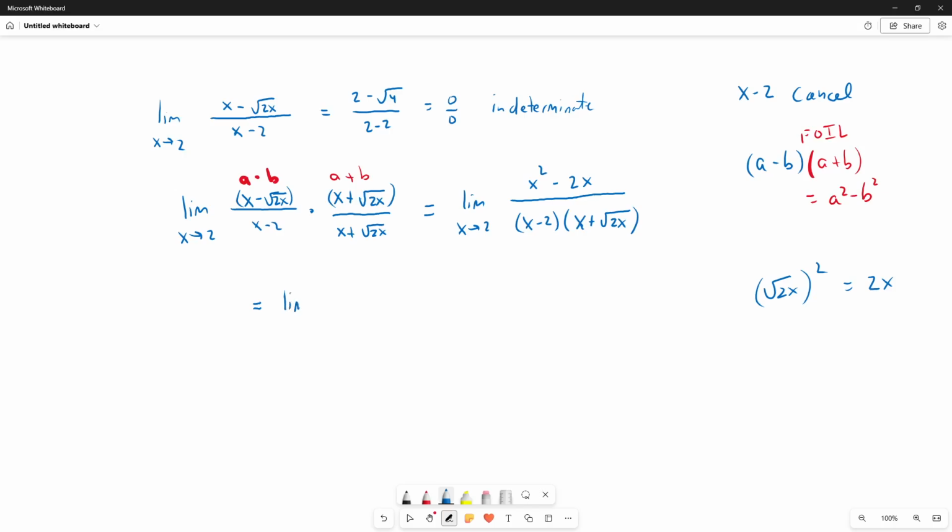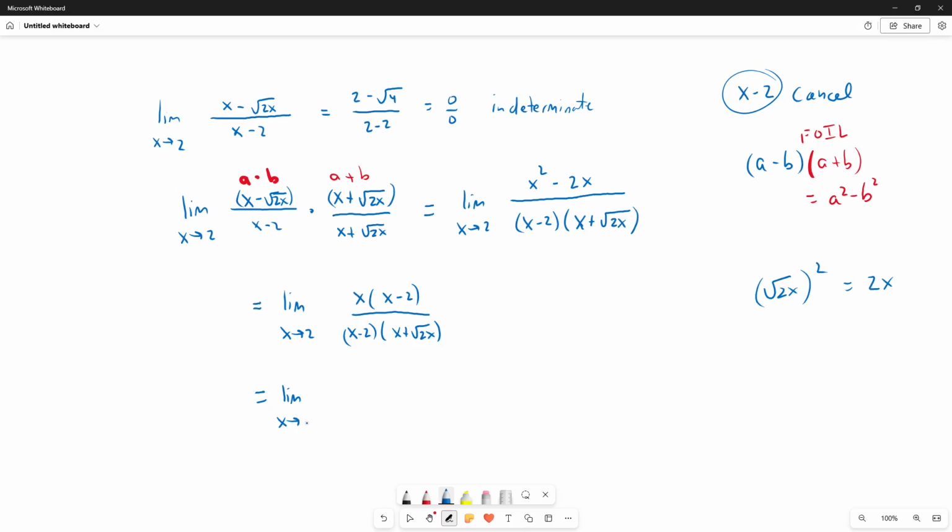And now again, keeping in mind that the ultimate goal is to cancel x minus 2, in the numerator, we can factor, just take out an x, and it's x times x minus 2. And in the denominator, we had an x minus 2 already. And now you can see why we didn't want to mix it with this one, because now the x minus 2's will cancel. So x minus 2 cancels with x minus 2.